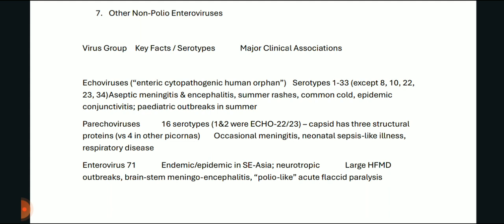Next, enterovirus 71. Key serotypes are endemic or epidemic in Southeast Asia and it is neurotropic, with large HFMD outbreaks and hand foot mouth disease outbreaks. Brainstem meningoencephalitis can be caused, and polio-like acute flaccid paralysis is also seen with enterovirus 71.